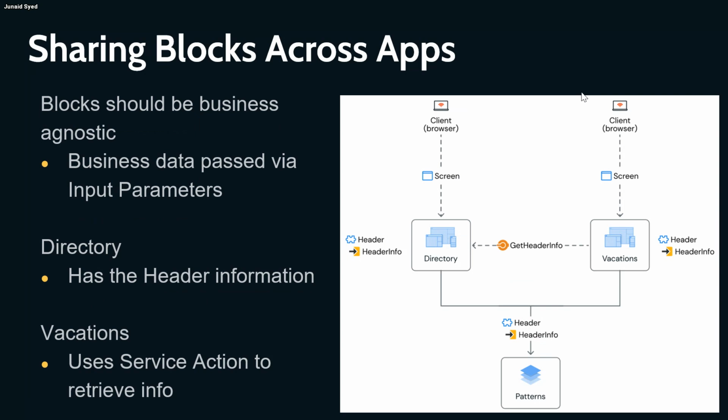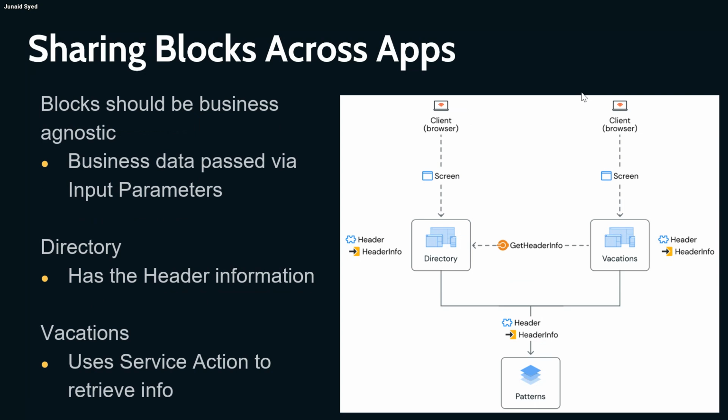Directory and vacations both use the header block here. But the directory application has the information about the header. The block contained in the patterns library is just a placeholder for different elements in the header; the actual information is not there.